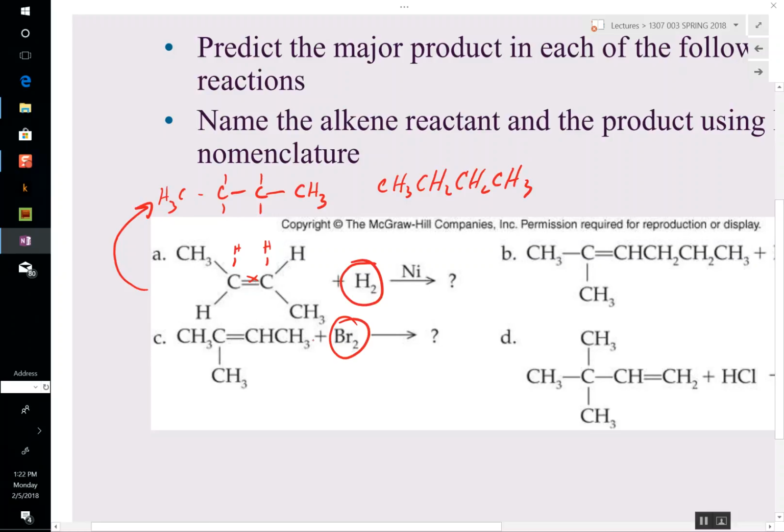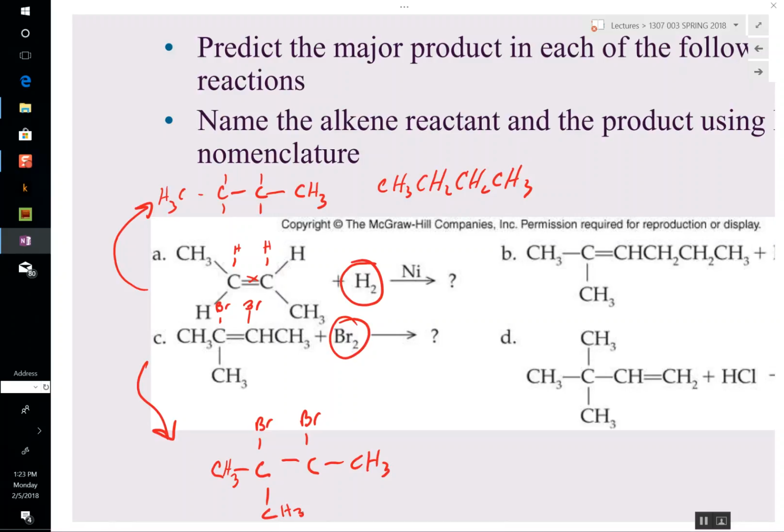There's only one product. This one is symmetrical. You're going to get a bromine here and a bromine here, and you only get one product.